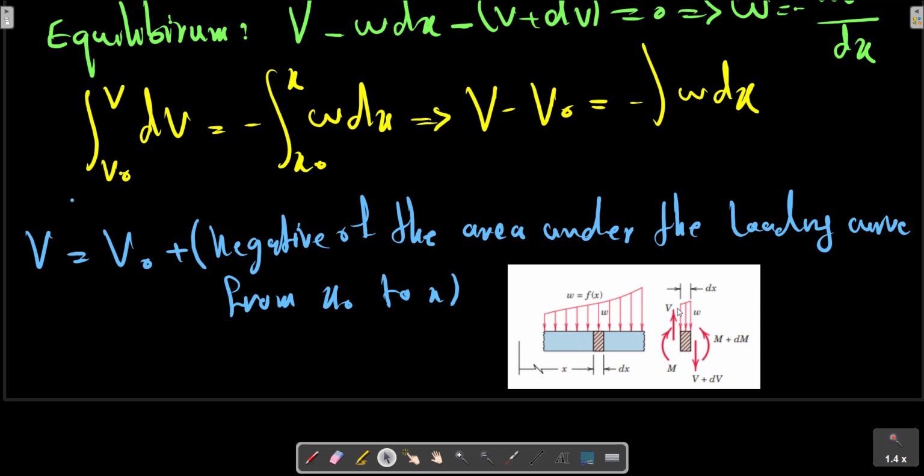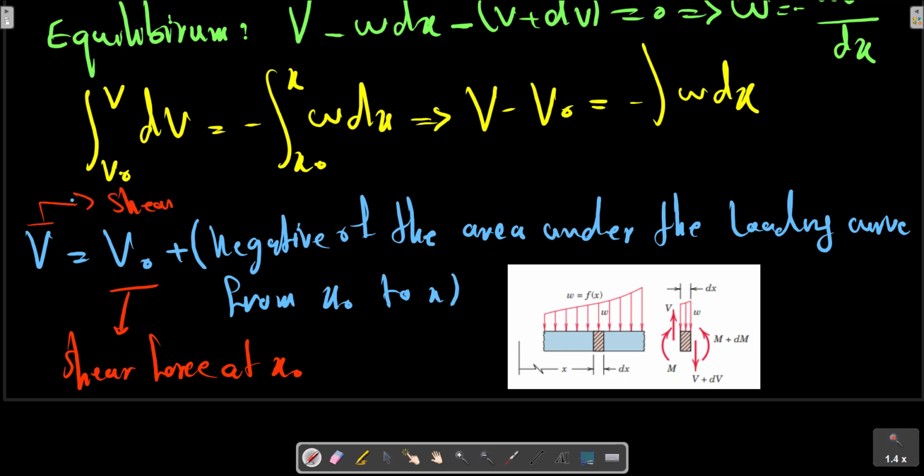In this expression, V0 is the shear force at x0 and V is the shear force at x. Summing the area under the loading curve is usually a simple way to construct the shear force diagram.